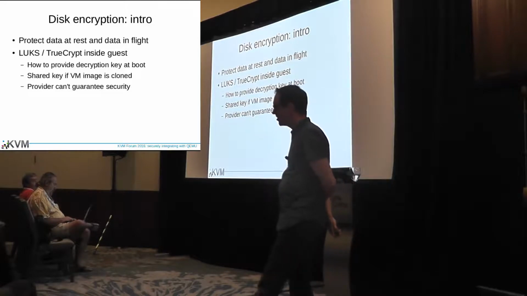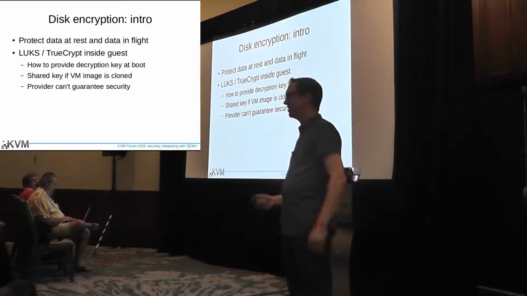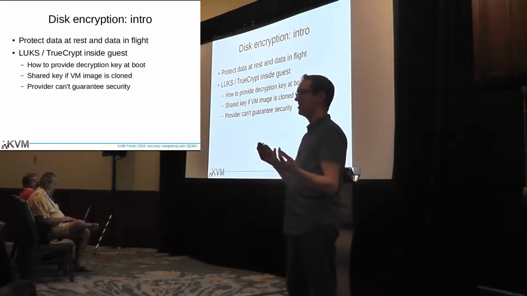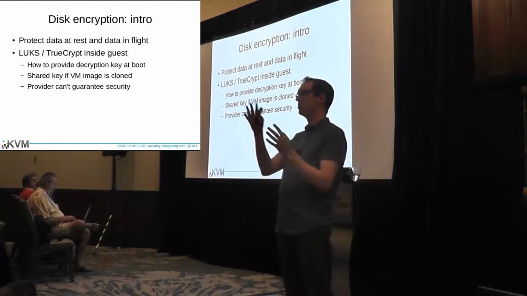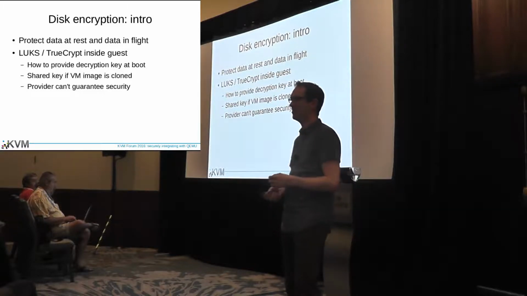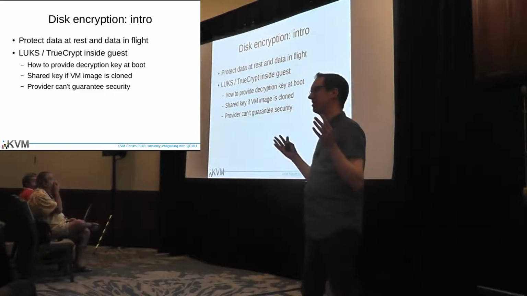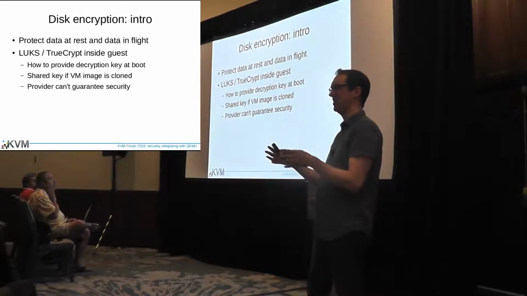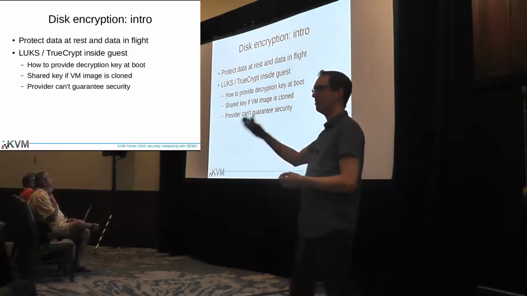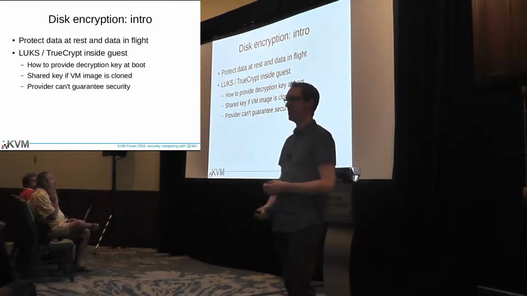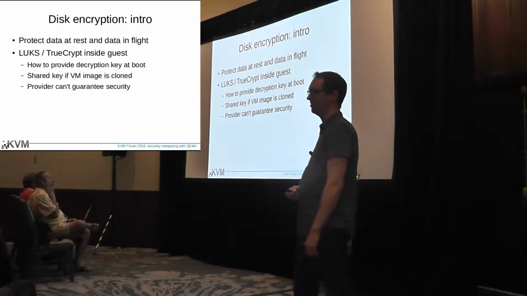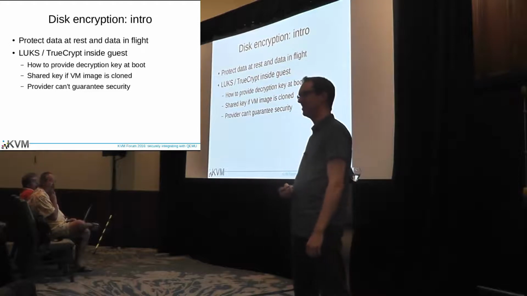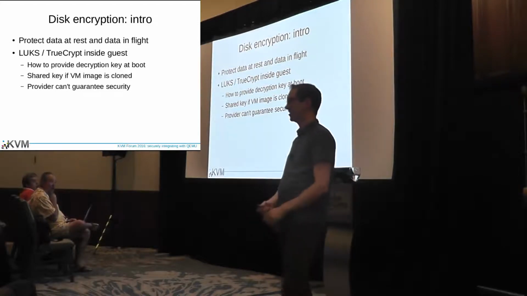There's also a virtualization-specific problem. In a cloud environment at least, it's quite common to upload a pre-built disk image and then spawn multiple virtual machines from that same disk image. If you're doing the encryption inside the guest OS, all of those VMs you boot are going to be using the same LUKS encryption password for encrypting the payload data, and that's generally undesirable from a security point of view.